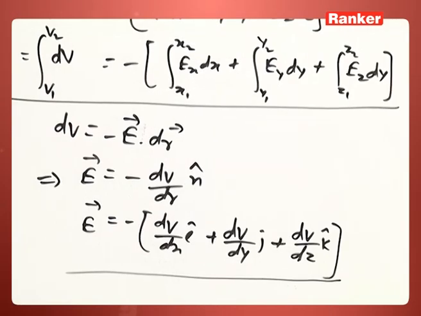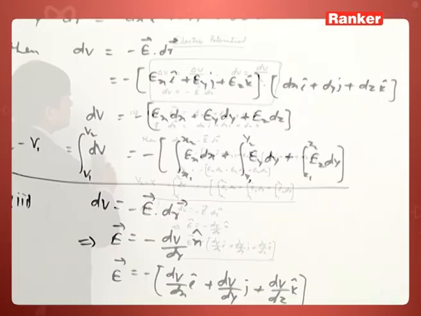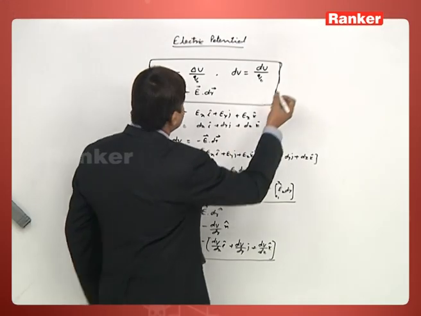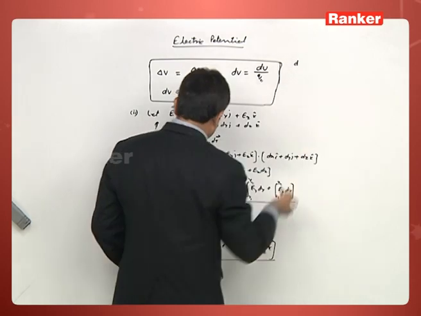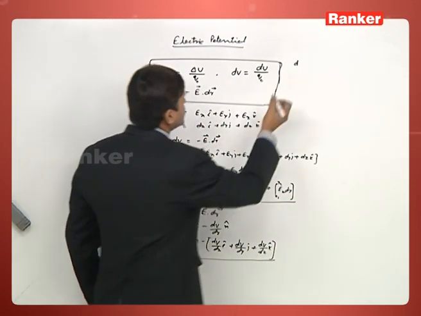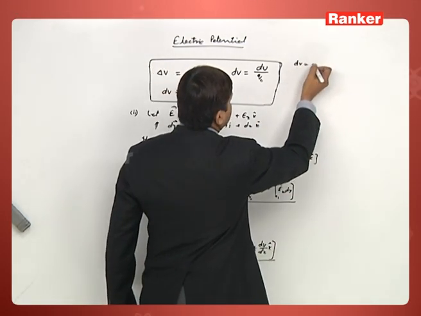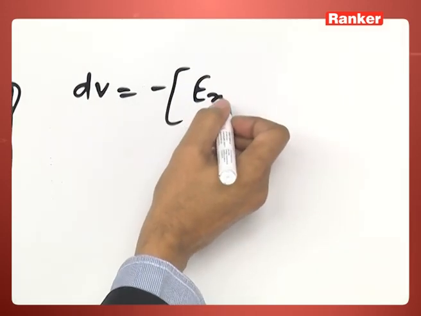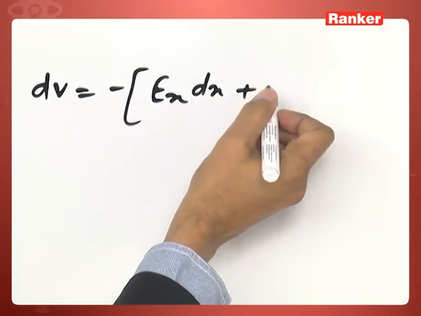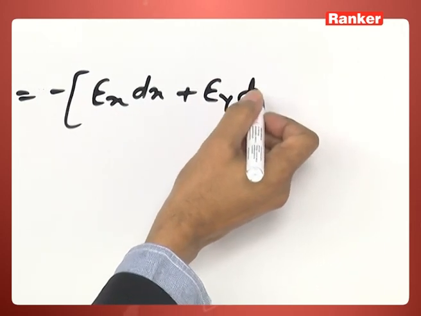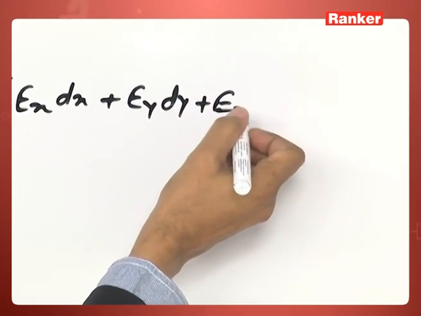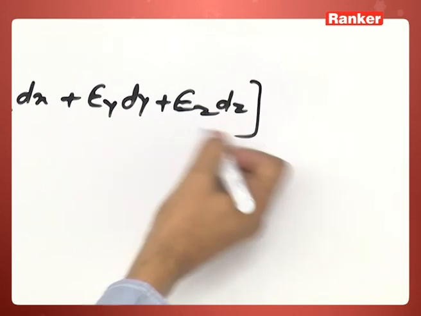Just like, we can write here the same relation. dV is equal to minus of Ex dx plus Ey dy plus Ez dz.